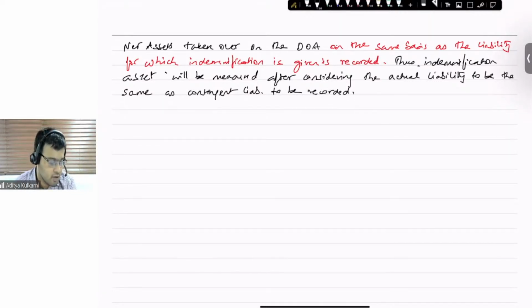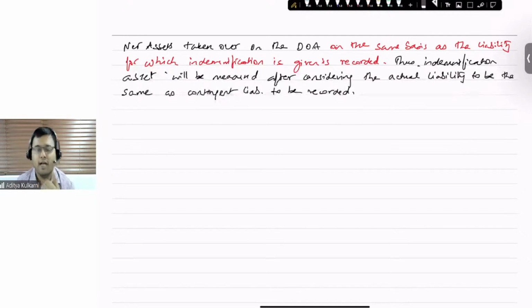All right. So you will continue to record, though Ind AS 37 does not allow recognition of indemnification assets. The recognition in this case is governed by Ind AS 103 and not by Ind AS 37.